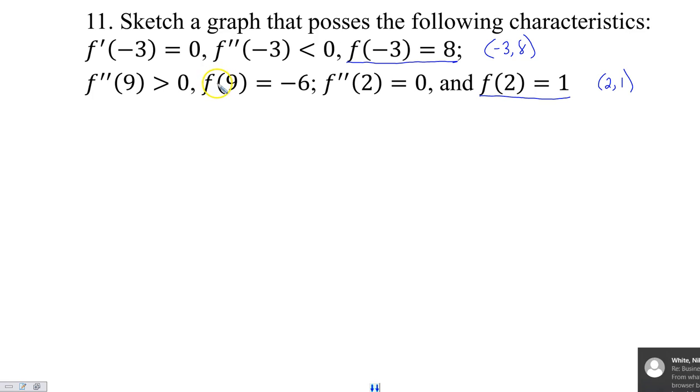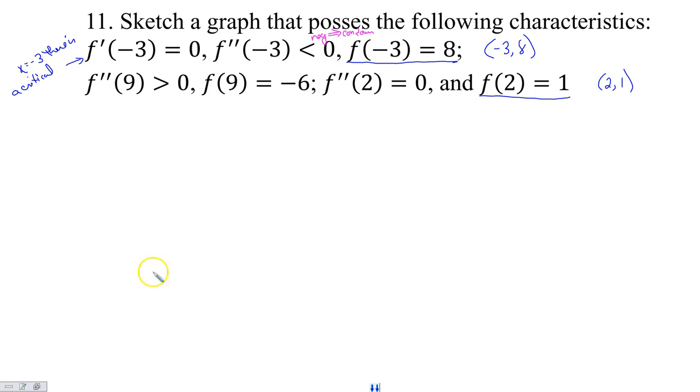Now, what does this other stuff tell us? Well, what it tells us is that at -3, the first derivative is 0. So this tells me that at x equals -3, there is a critical value from the first derivative. That's what the derivative being 0 is. The fact that the critical value from the first derivative makes the second derivative negative tells me that the function is concave down.